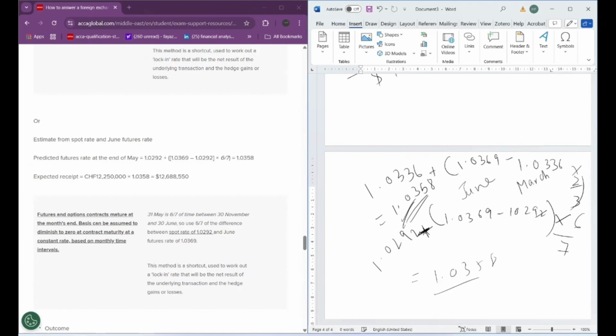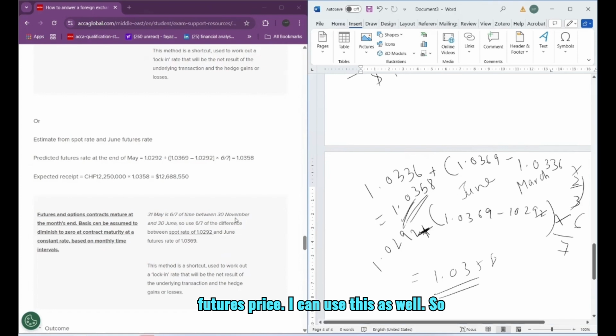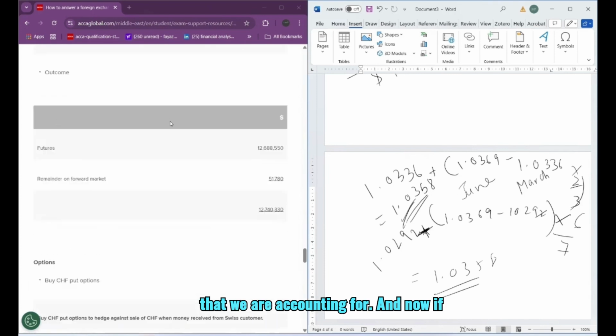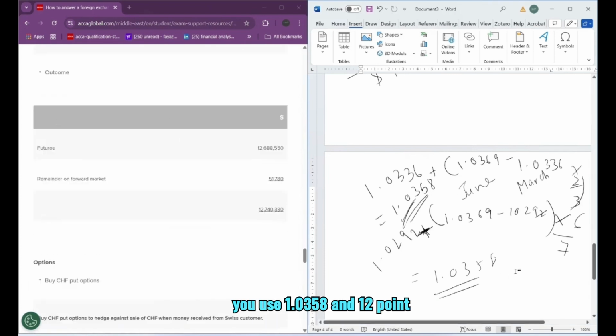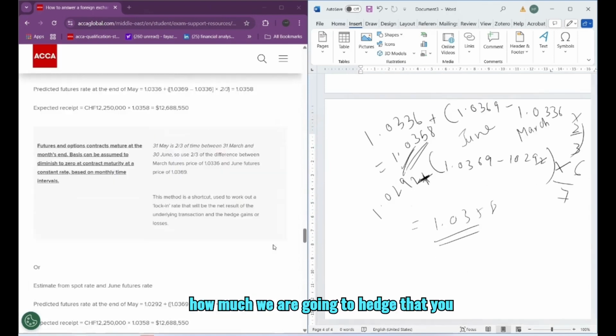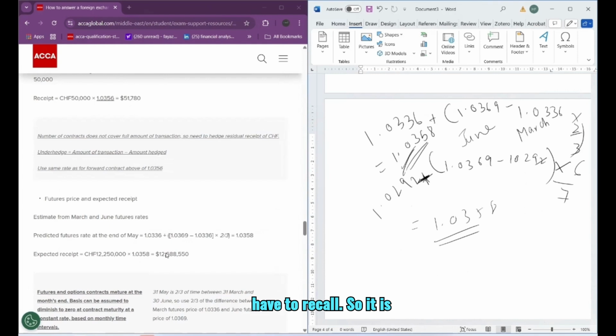1.0358. Okay, this is my lock-in rate for the futures price. I can use this as well. So we got it, and so use 6 by 7, and this is also another shortcut method that we are accounting for. And now if you use 1.0358 and 12.25, the amount that we are going to hedge, that you have to recall. Yeah, same.